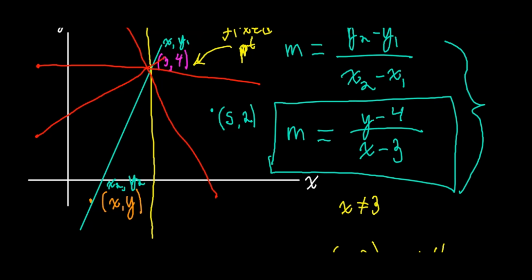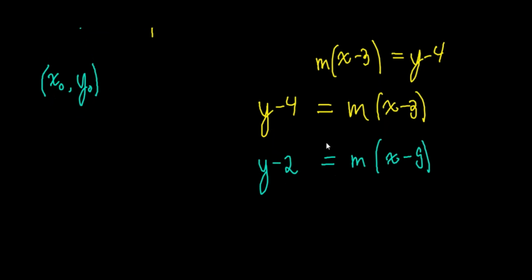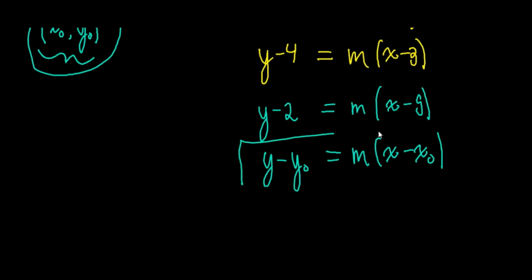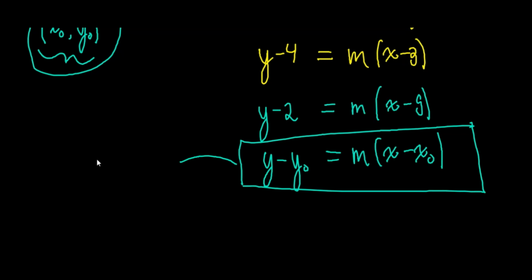If we did this same game with the fixed point x naught comma y naught, then we would get the following, and I think you can see where I'm going with this. This is y minus y naught is equal to m times x minus x naught. And notice what we have here. We have the point slope formula.